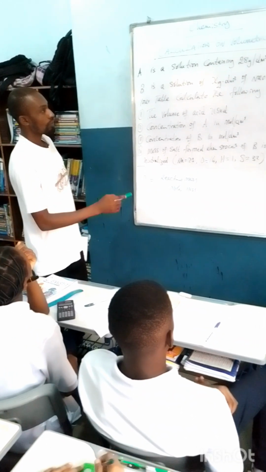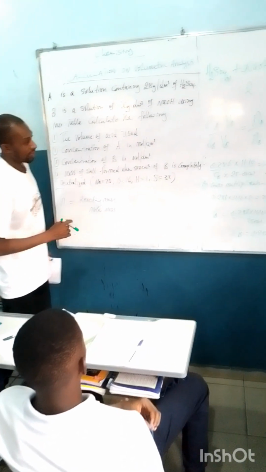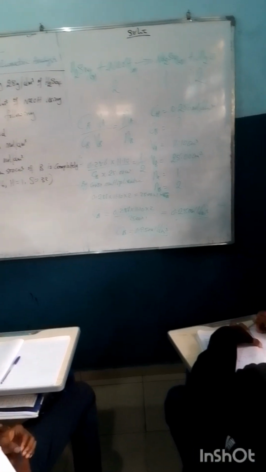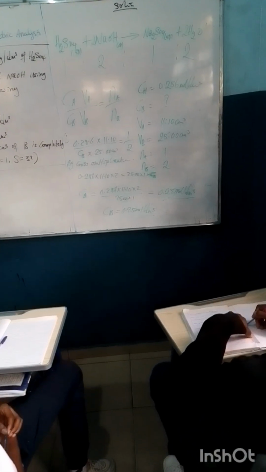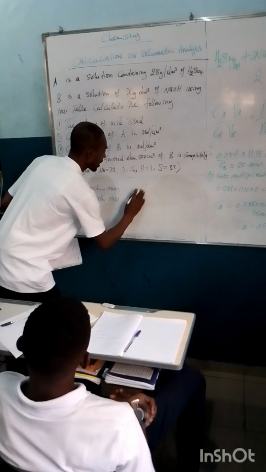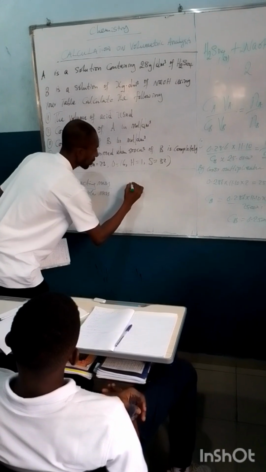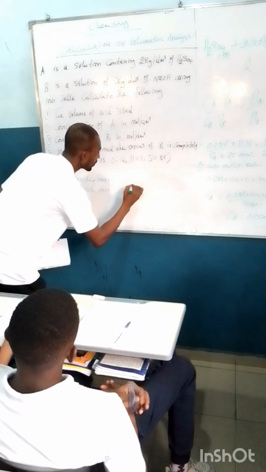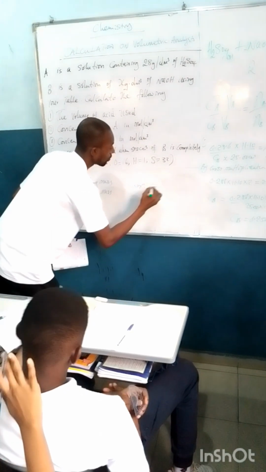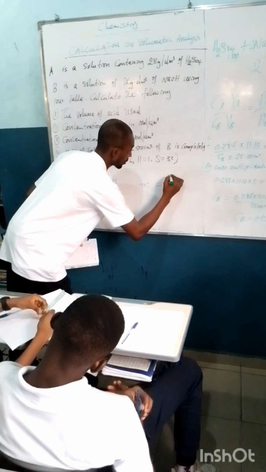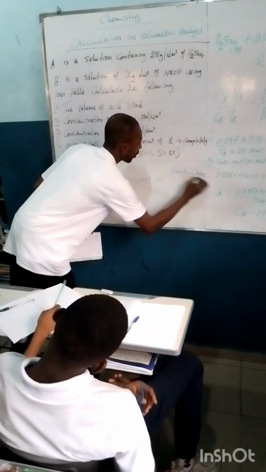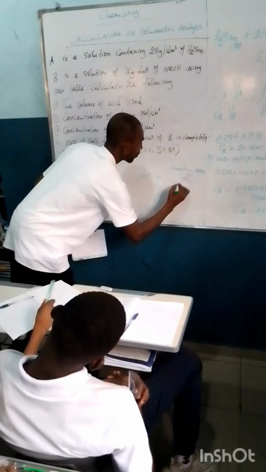If we come to the second formula, it says that molar concentration is equal to mass concentration over molar mass, and mass concentration is equal to reacting mass over volume. So the concentration in mole per dm cube is equal to mass concentration, and mass concentration is reacting mass all over volume, then over molar mass.